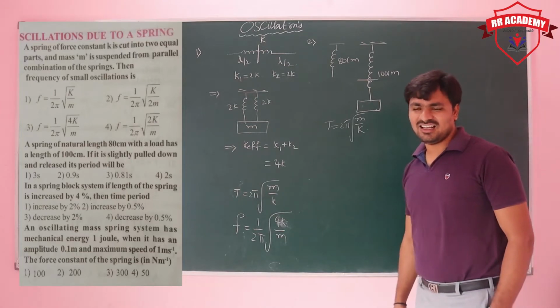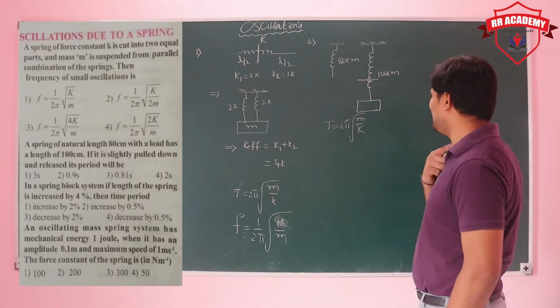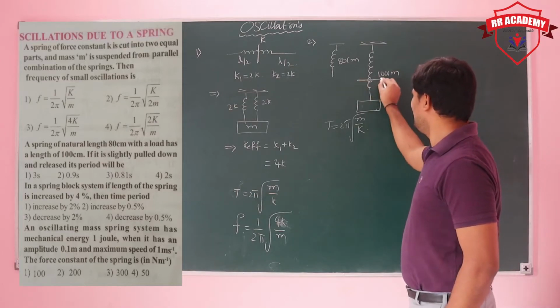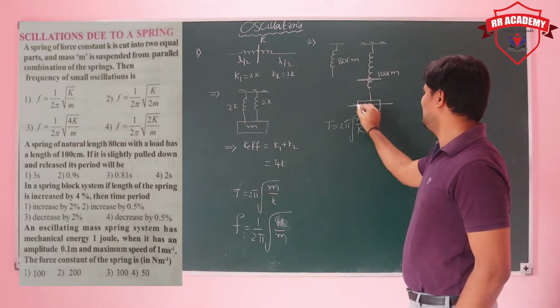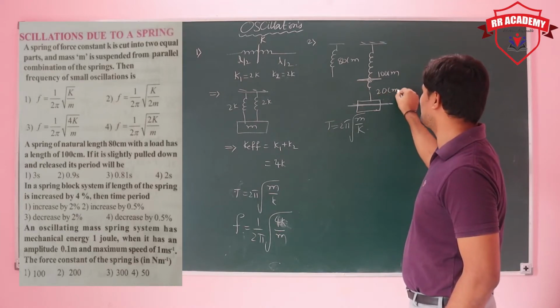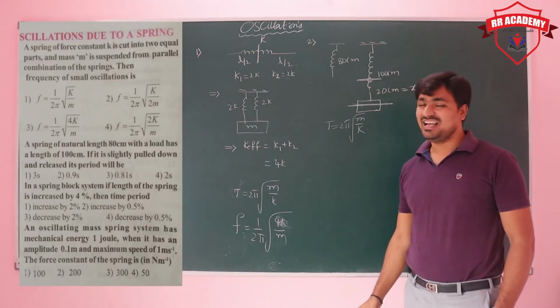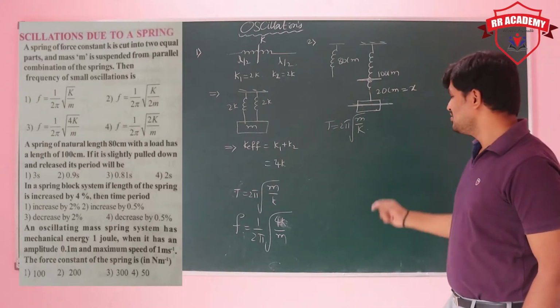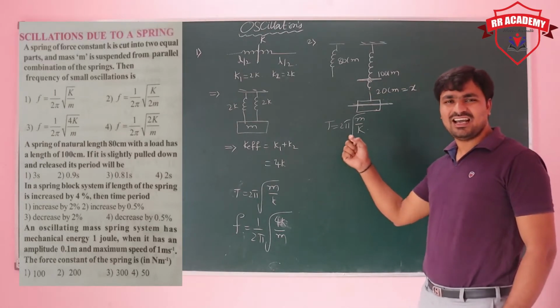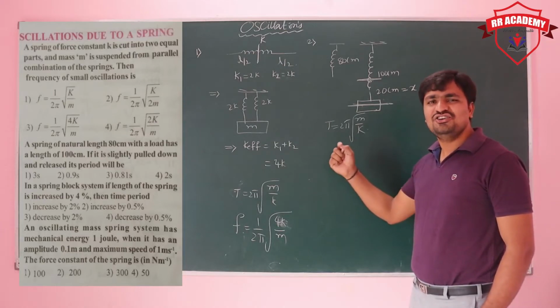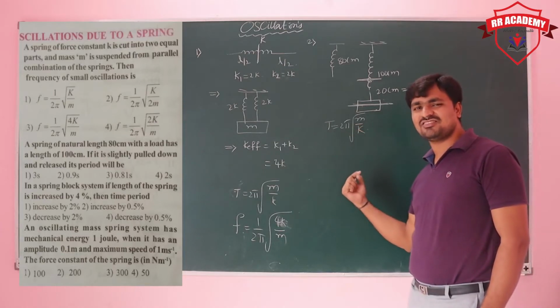Yes, there is another alternative. Due to the weight, what is the extension? The extension due to the weight we can take as 20 centimeters. Yesterday we solved it. Whenever a body is attached to a spring, due to its own weight it extends by some length.